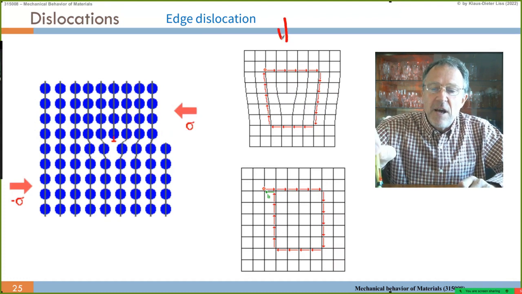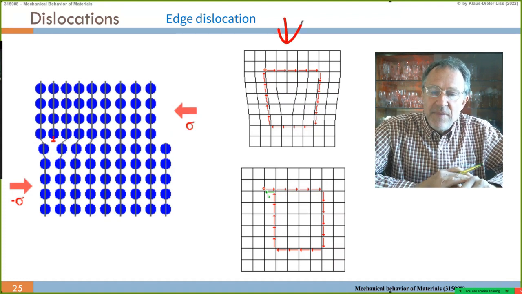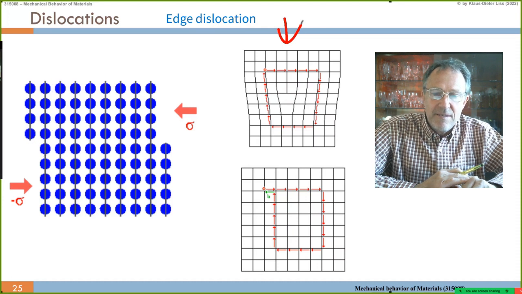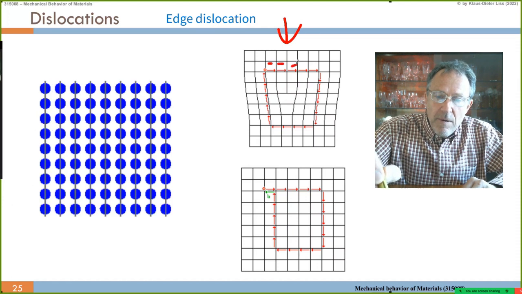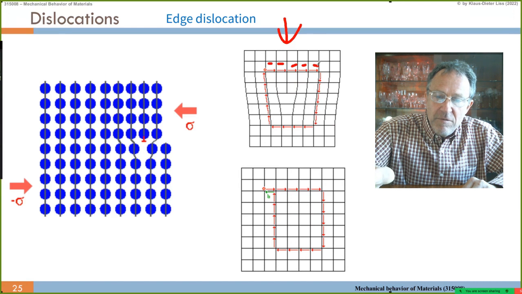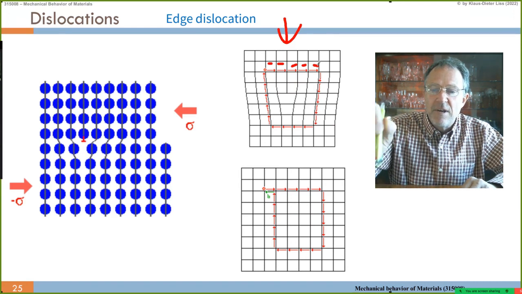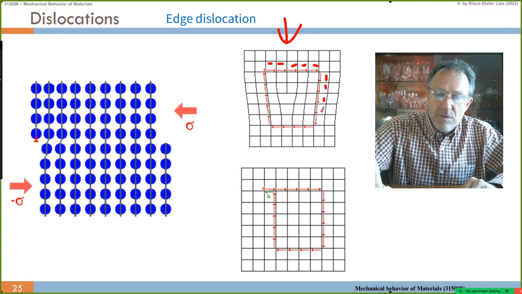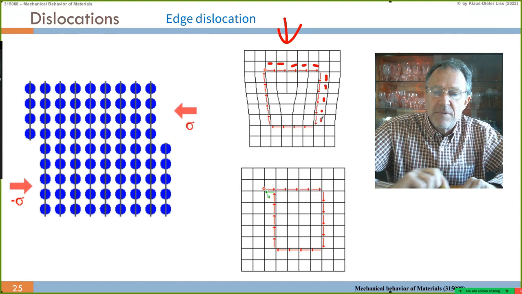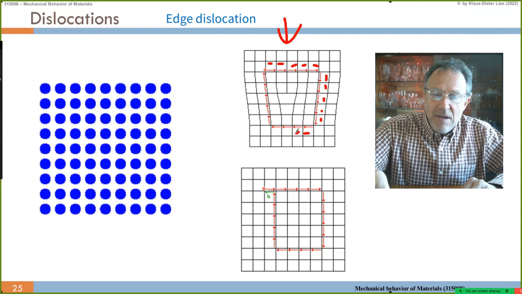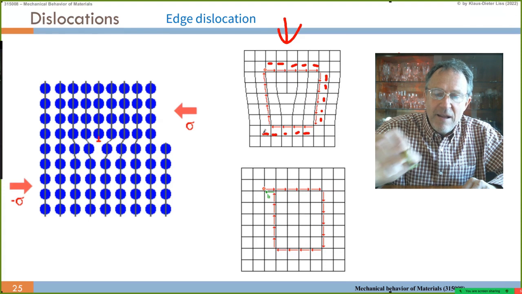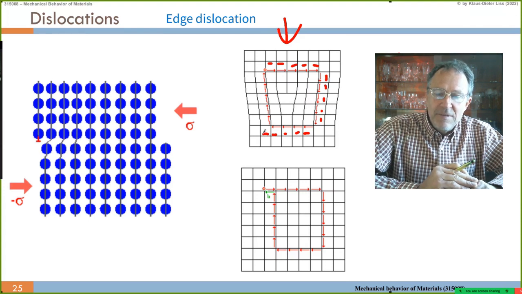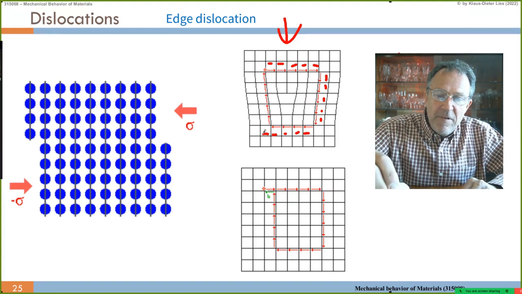Now if we go around the dislocation as shown here in this figure, then we go 1, 2, 3, 4, 5 steps to the right. We go 1, 2, 3, 4, 5 steps to the bottom. Then we go 1, 2, 3, 4, and I would go 5 to the left, and I have to go 5 up again.